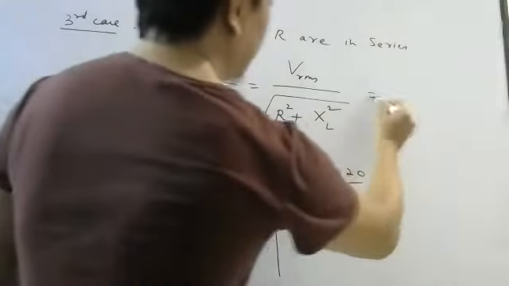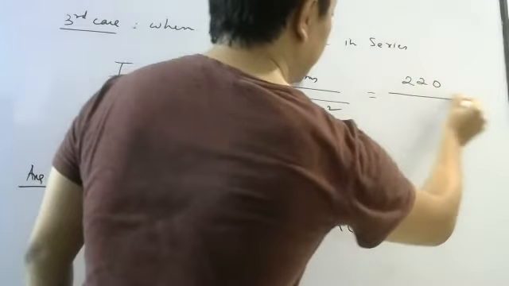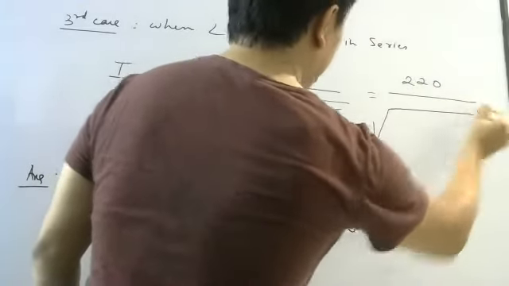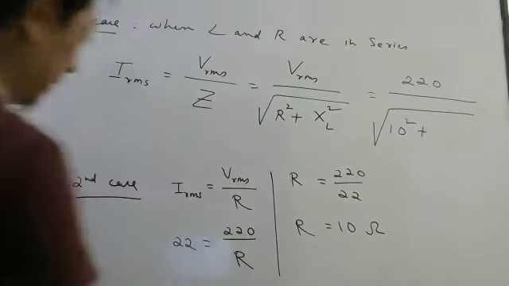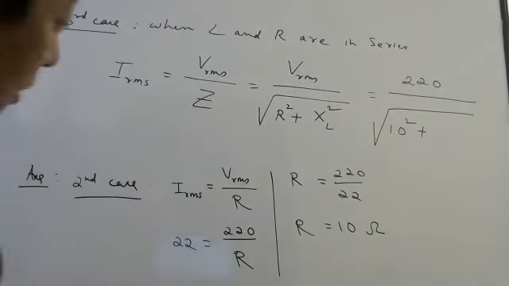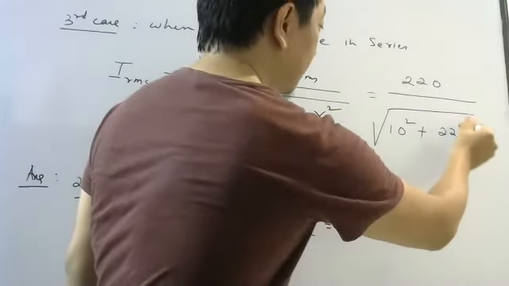So VRMS, same voltage 220. R, how much we calculated? 10. XL, how much was XL? 22, I think. 22.